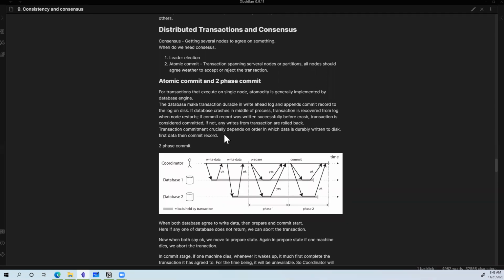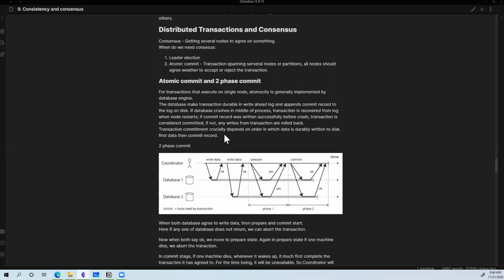Transactions should have the ACID property: they should be atomic, that either the transaction should fully succeed or fully fail. And if concurrent transactions are happening, they should be isolated, and the transaction should be durable, right?